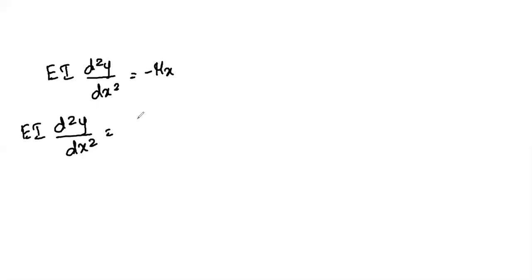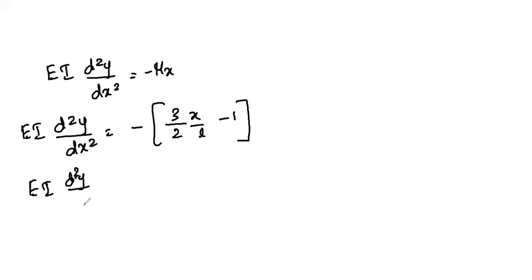The value is 3 by 2, x divided by L, minus 1. What happens to this? You can write it like this, 1 minus, so I am applying this minus sign inside.